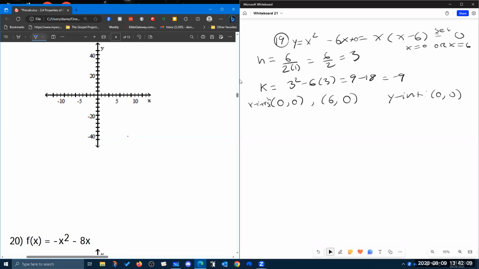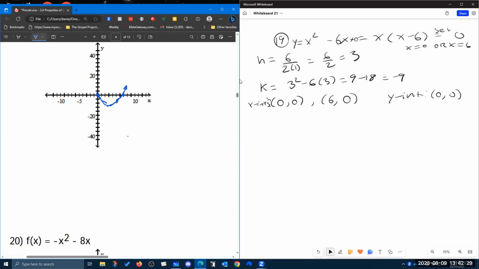Try this again. (6, 0), (0, 0), and at 3, it was somewhere right down around here, and that's the vertex, and it's going to go like that.